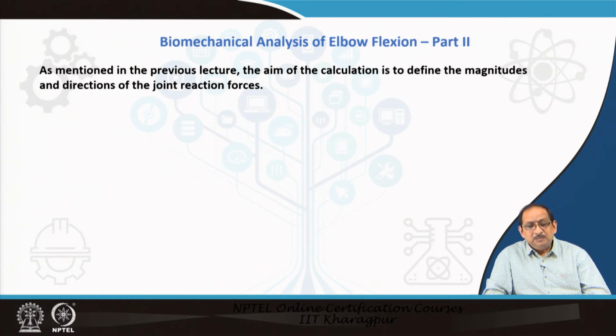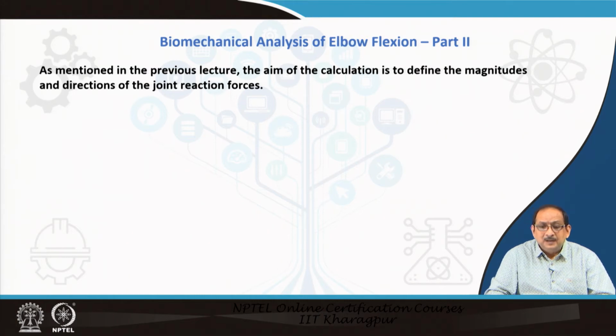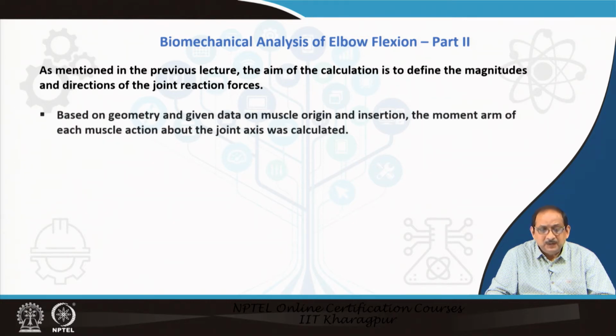Now, as mentioned in the previous lecture, the aim of the calculation was to define the magnitudes and directions of the joint reaction forces. Based on the geometry and the given data on muscle origin and insertion, the moment arm of each muscle action about the joint axis was calculated.